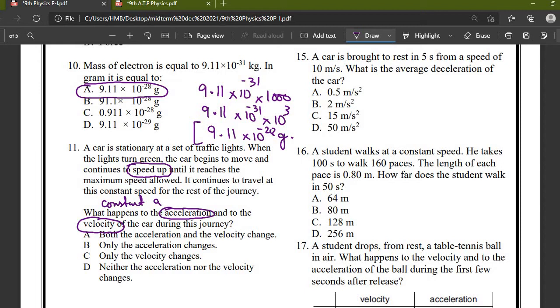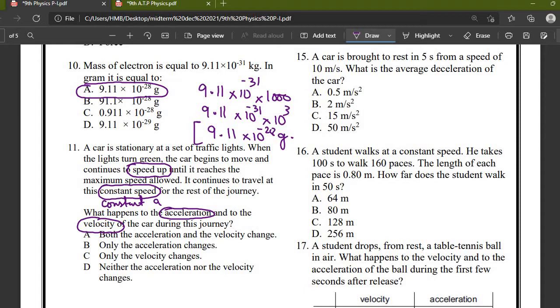So this means that velocity is changing while the acceleration is constant, and when this car moves at a constant speed, the acceleration becomes 0. So acceleration is not changing, but the velocity is changing.